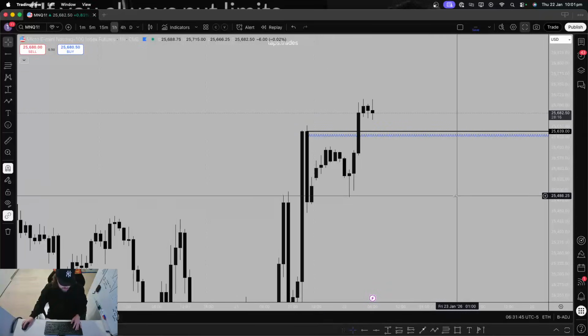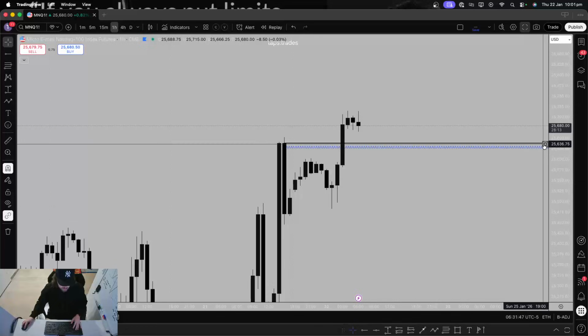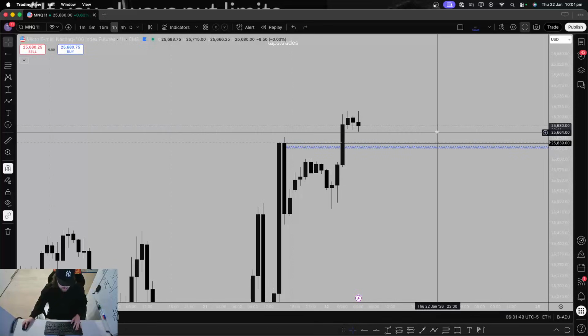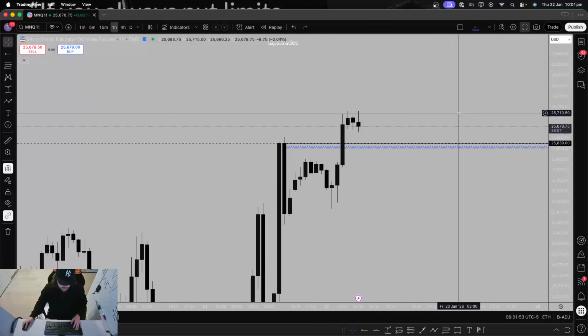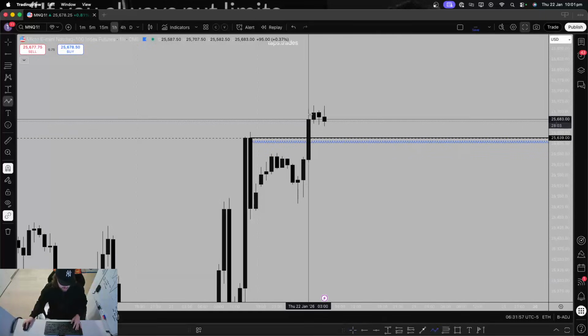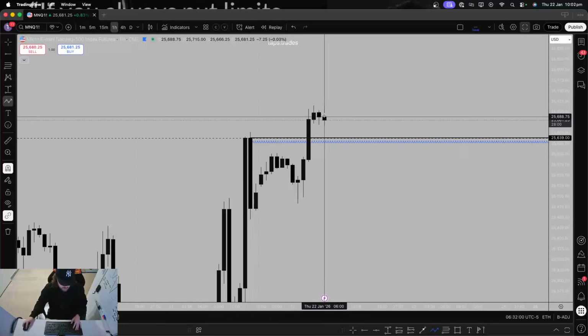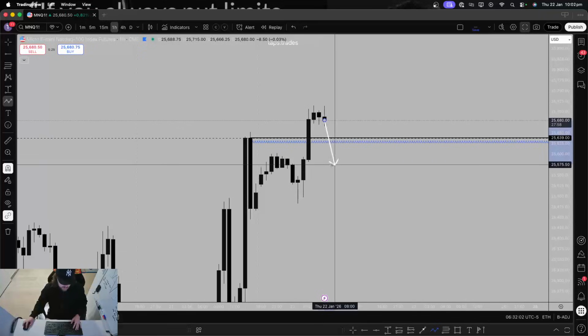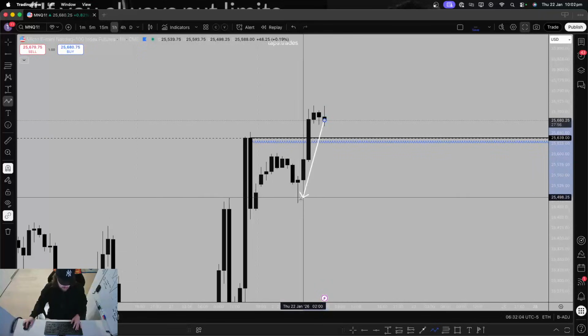Now what I would be doing is setting an alert at this level here and basically just sitting on my hands. That's as simple as it is. Ideally, what we're looking for here is the indication: we want price to correct down here. We don't want price to break below this higher low.